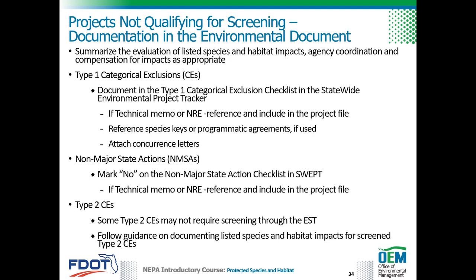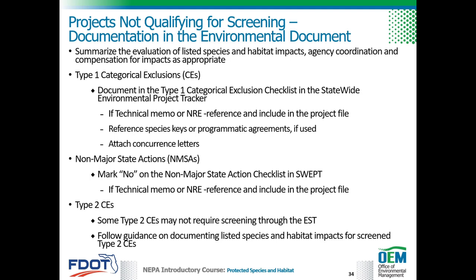Type 1 categorical exclusions, or CEs, may involve listed species and critical habitat as long as the documentation demonstrates the proposed project has no significant effects on them and supports the effect determinations made. Mark the appropriate box on the Type 1 CE checklist in the Statewide Environmental Project Tracker, or SWEPT.